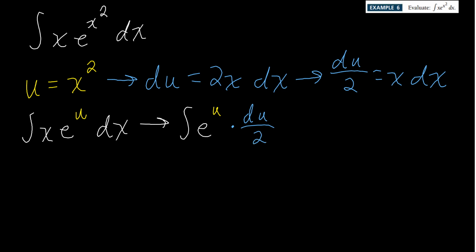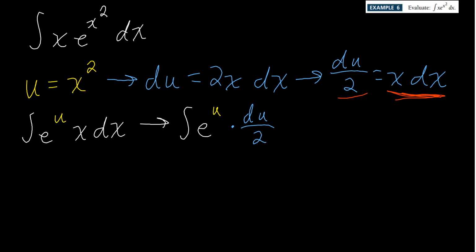And again, the du over 2 just replaces the x dx. And if it helps, let's actually rewrite this just to make it a little bit easier. We have e to the u and then x dx. Okay, so just to make it a little bit easier, this x dx is being replaced by du over 2 because that's the substitution we made right here.